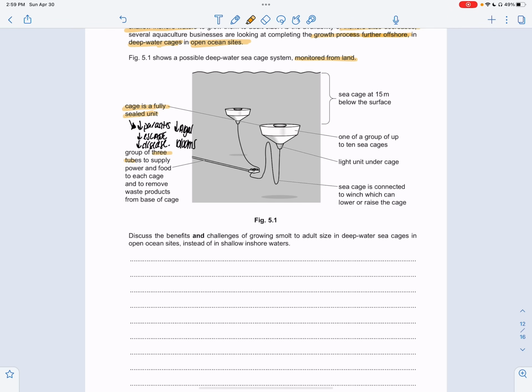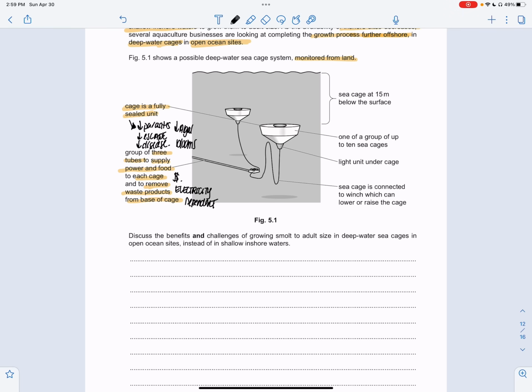Groups of 3 tubes to supply power and food to each cage and to remove waste products from the base of the cage. That's expensive and very dependent on electricity. But you also don't have to take a boat out there every time to feed and remove waste.